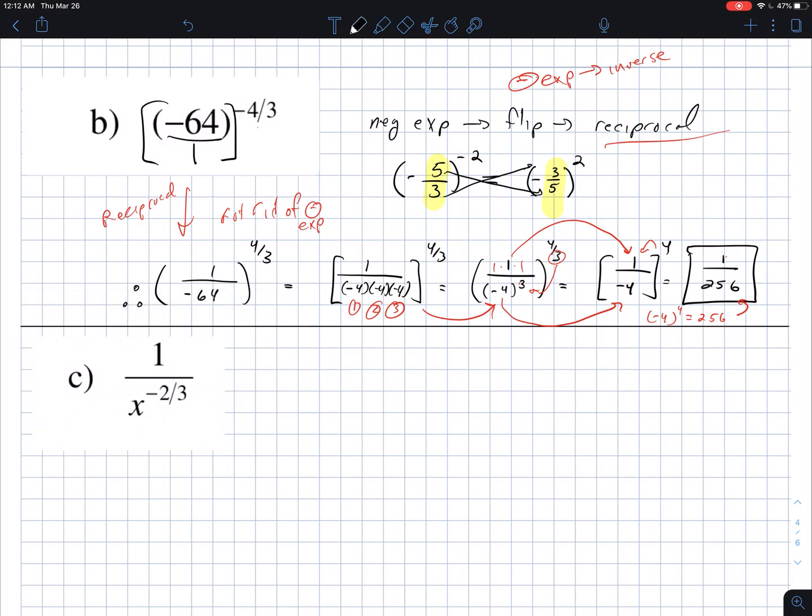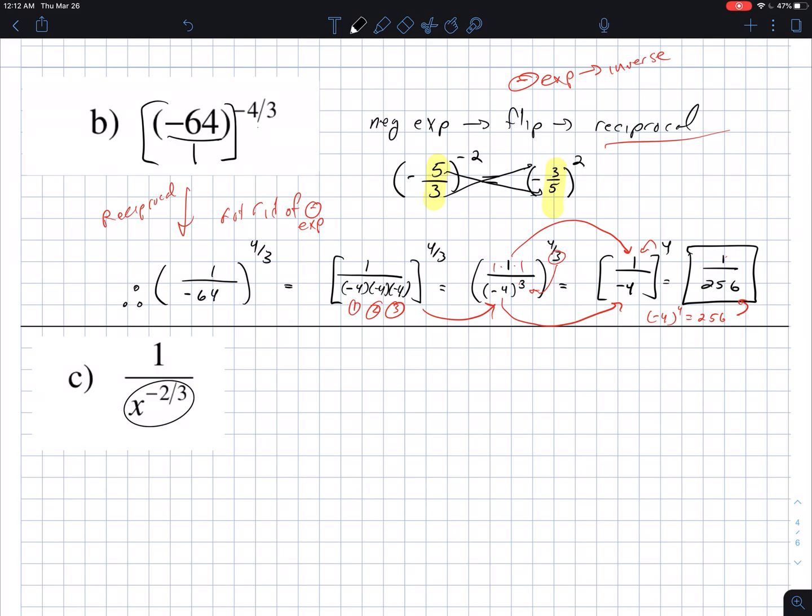Okay, so what does this really mean? Well, it's saying x, 1 over x to the negative 2/3. Well, let's not be too crazy about this. Remember, what's in the denominator will, oh, that is really neat. Okay, new function I just found out about. Oh, that's really cool.